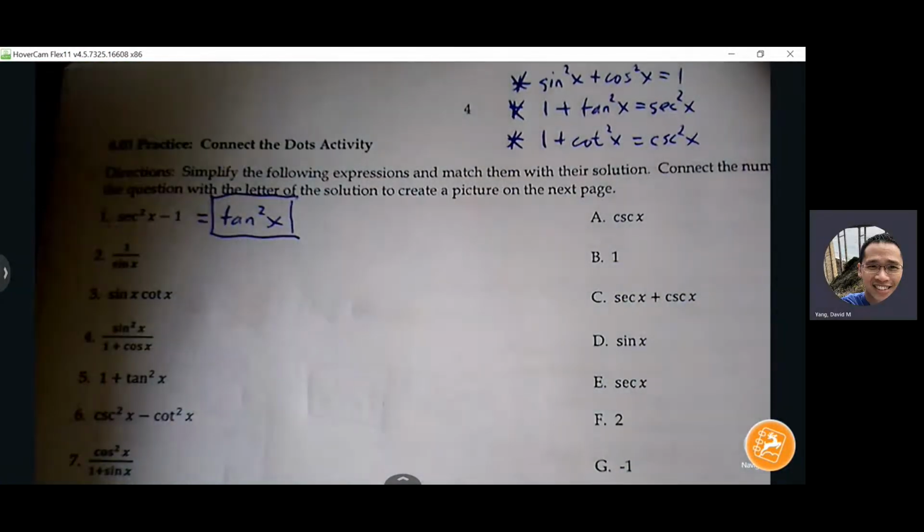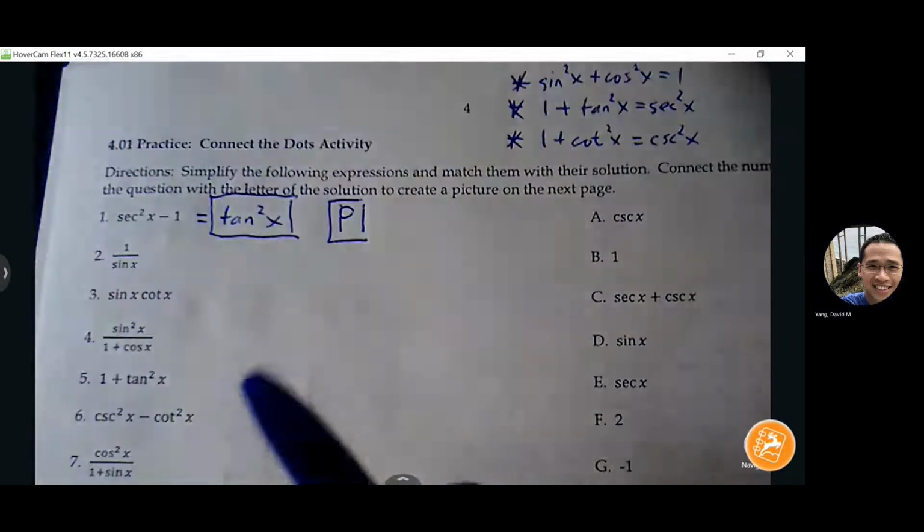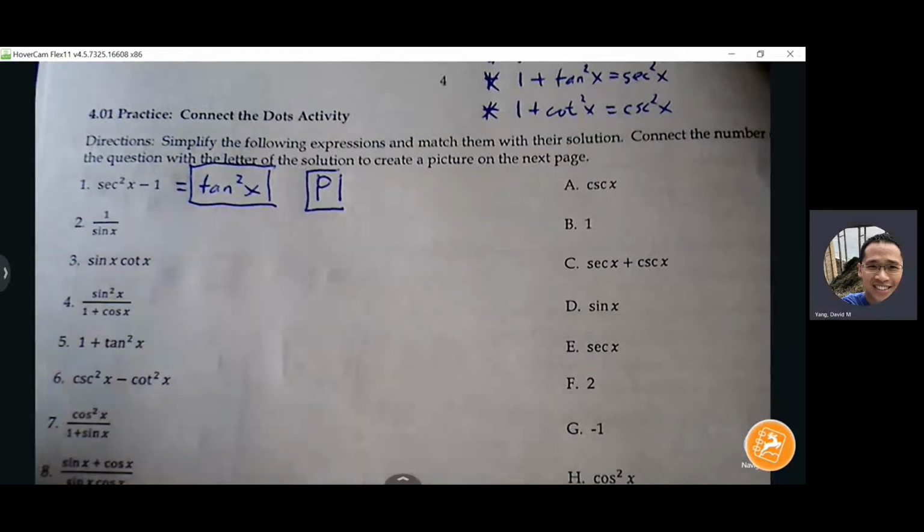So that matches with letter P. Okay, 1 over sine x, that should be easy.